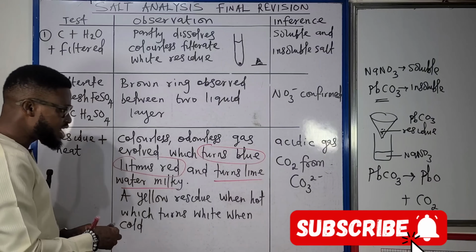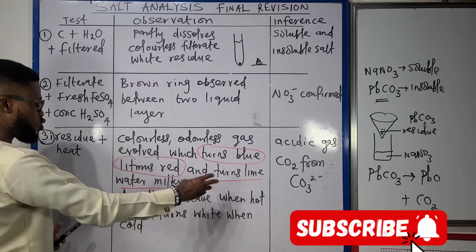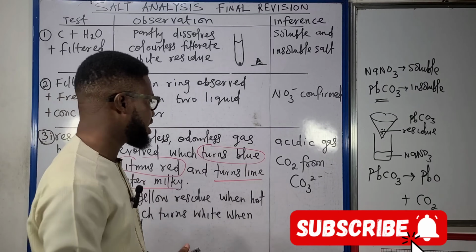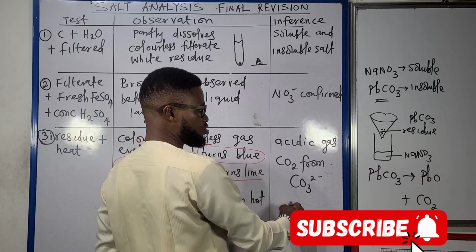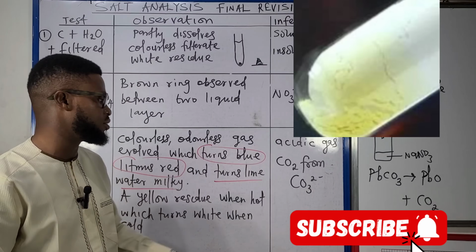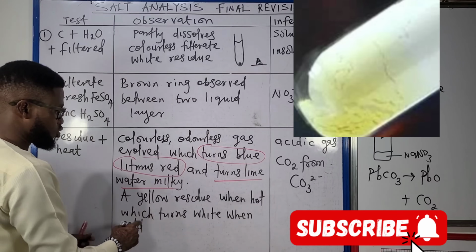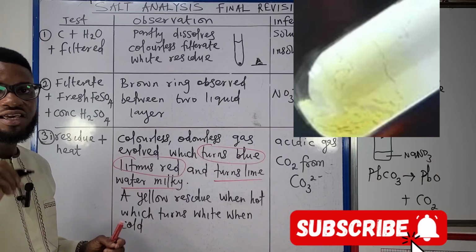Now, let's move to the leftover, the residue. A yellow residue when hot, which turns white when cold. Now, as a student, am I supposed to tell them I have a residue here and the residue is lead oxide? No. It is not right for me to indicate that lead oxide is going to be that residue, because lead oxide is not the only solid.